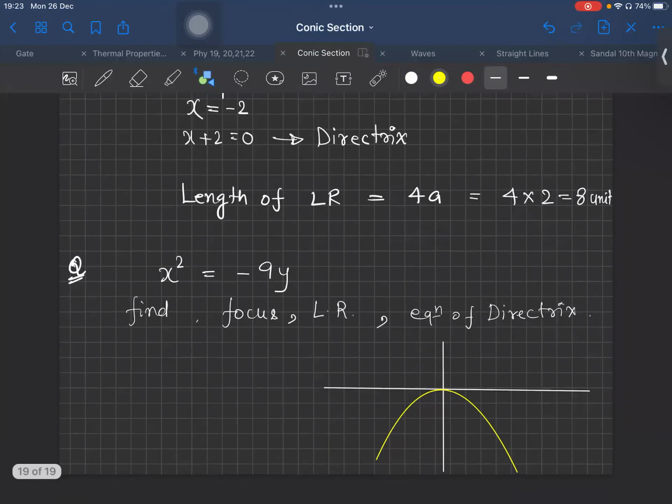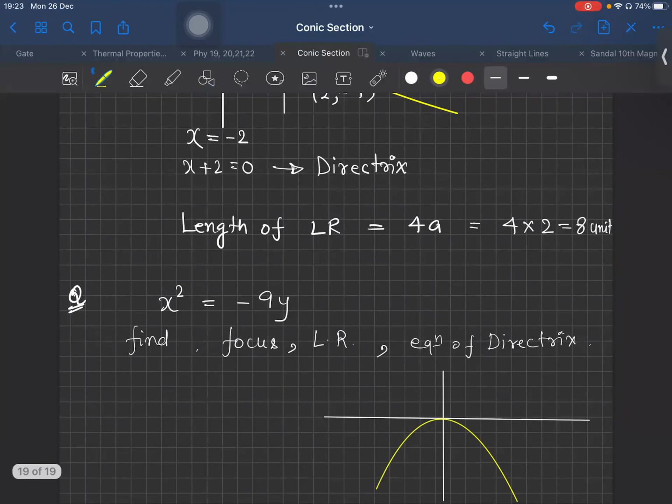Everything is the same, but it will shift. Instead of x, you will be writing y. So this is y, this is x. Now this parabola is x square is equal to minus 9y. So the directrix will be here. The focus S will be here, right? This will be your latus rectum.